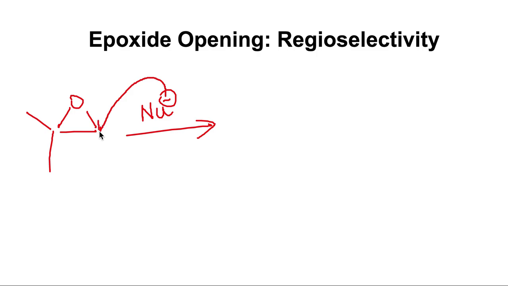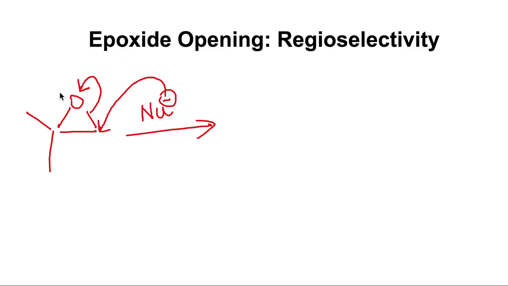So if I have an epoxide like this one, where one side is clearly more substituted than the other side, what's going to happen is that when I treat the epoxide with a nucleophile, it is going to attack the less substituted side, which will be this carbon. That carbon is already saturated, so something must break. So as the nucleophile is attacking, the epoxide is opening up.